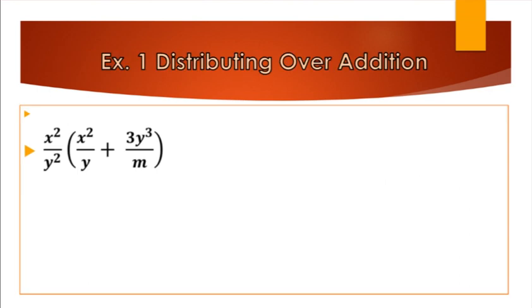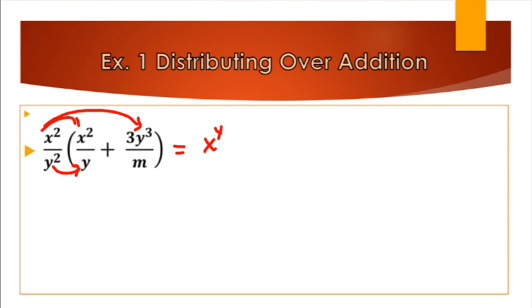Let's take a look at an example here. We want to distribute over addition. So when we distribute with a fraction or rational expressions, you multiply numerator with numerator and denominator with denominator. So here, x squared times x squared is x to the fourth. Before we do that one, let's do the denominator.